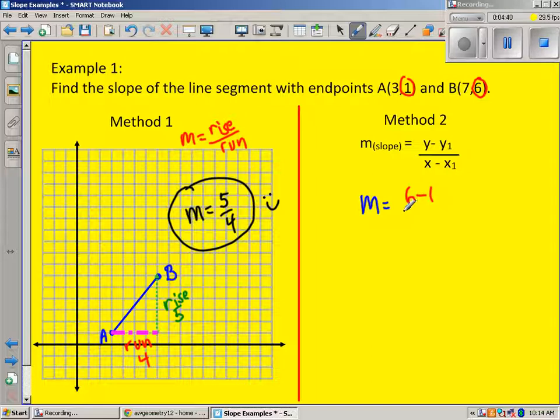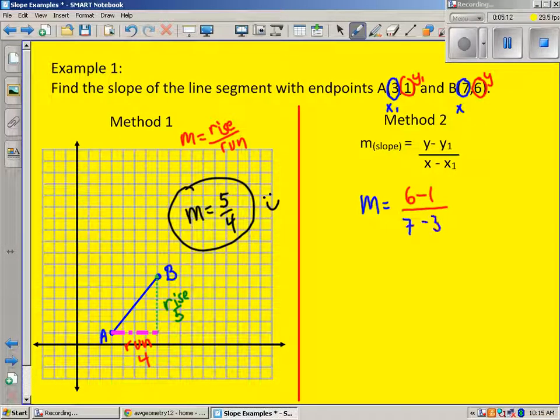Now you got to be very careful on this one, because now that I chose this to be my y value and this to be my y1, the x values and the x1 values have to follow the same. So that means 7, which actually I'm going to change the color here, 7 is going to be my x value, and 3 will be my x1. So when I write this, it's going to be 7 take away 3.